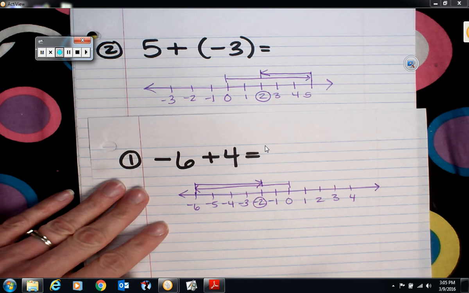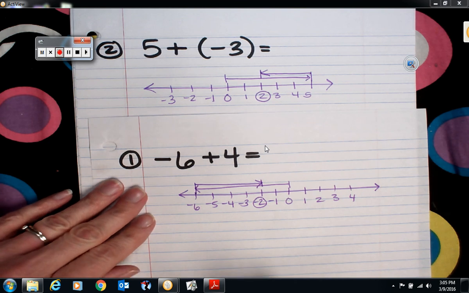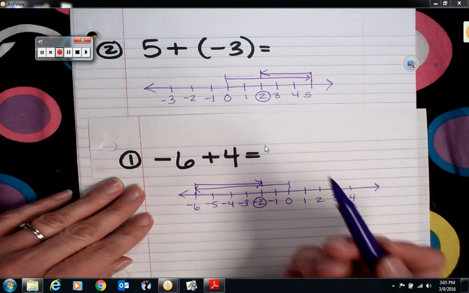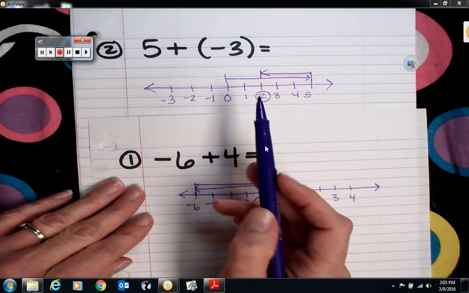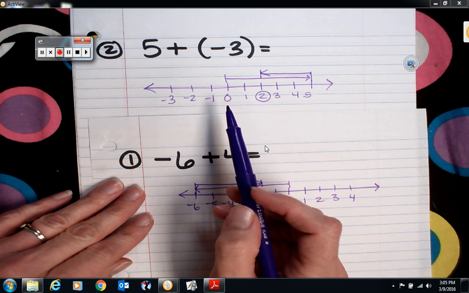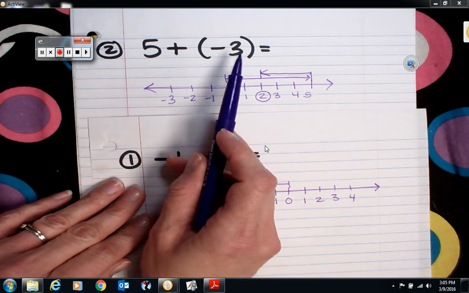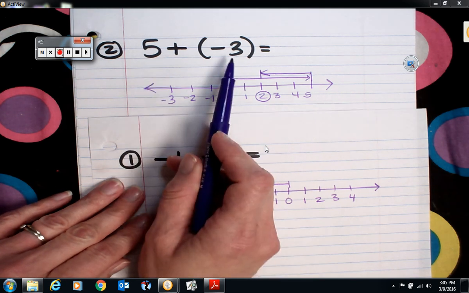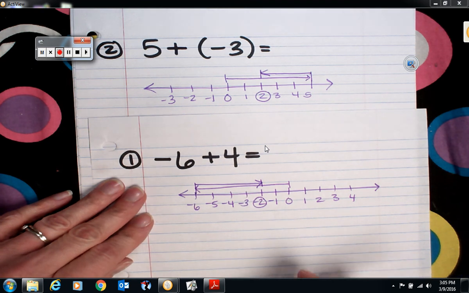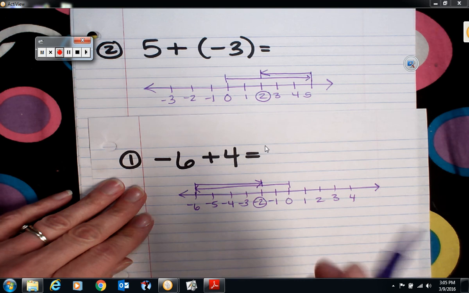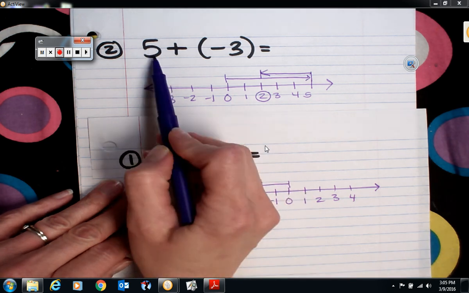What we noticed today in class, as we did several of these together, is that all I need to do to add a positive and a negative number is to find the difference in their absolute values, and then the number that has the larger absolute value is going to carry the sign to the sum. So for example, the absolute value of 5 is 5.